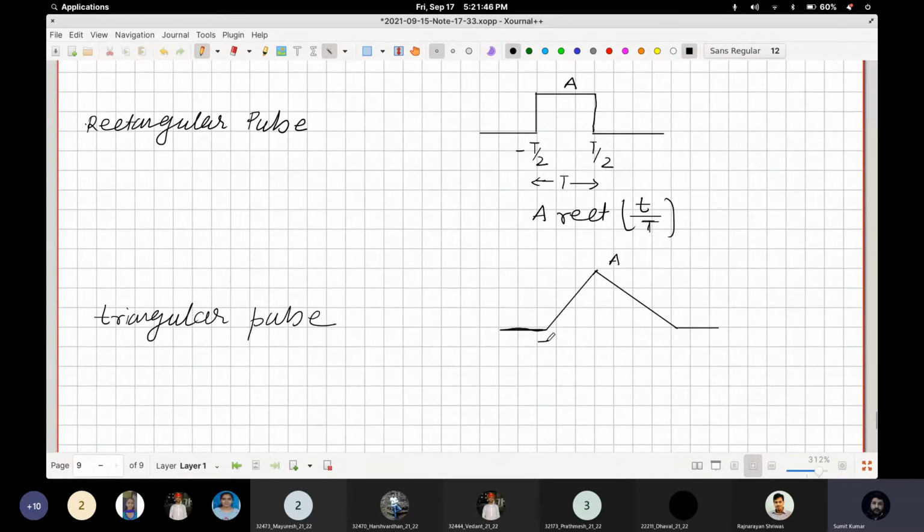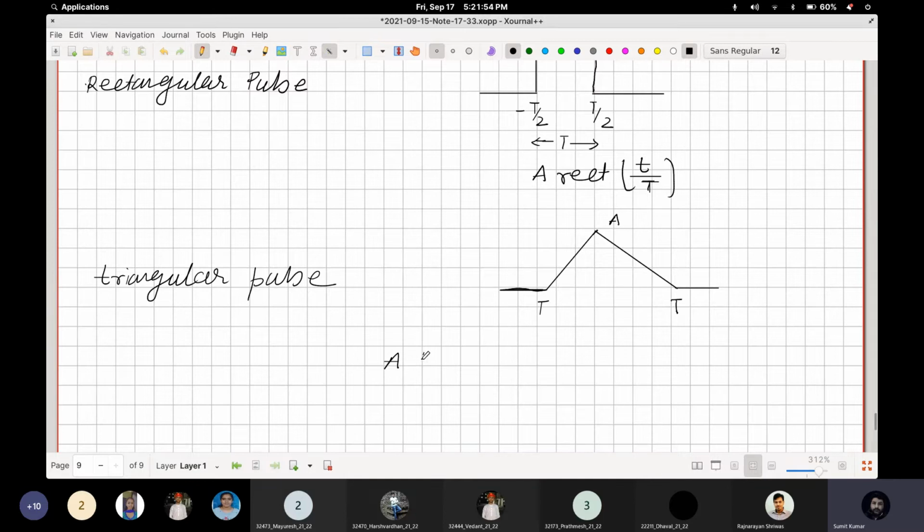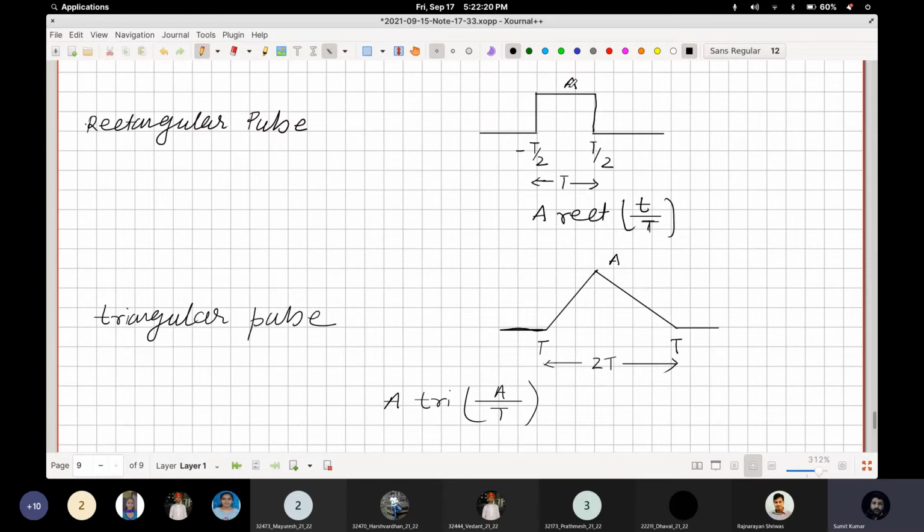So between minus T to T, okay, and it's again written as a triangle, tri, A and t by capital T. Okay, you see that its width is 2T, but its actual effective width is T only. So that's why it is written as T. And what is effective width? Let's assume that it was a rectangle and has the same area as this one. Then it will be this rectangle, isn't it? What will be the area of this triangle?